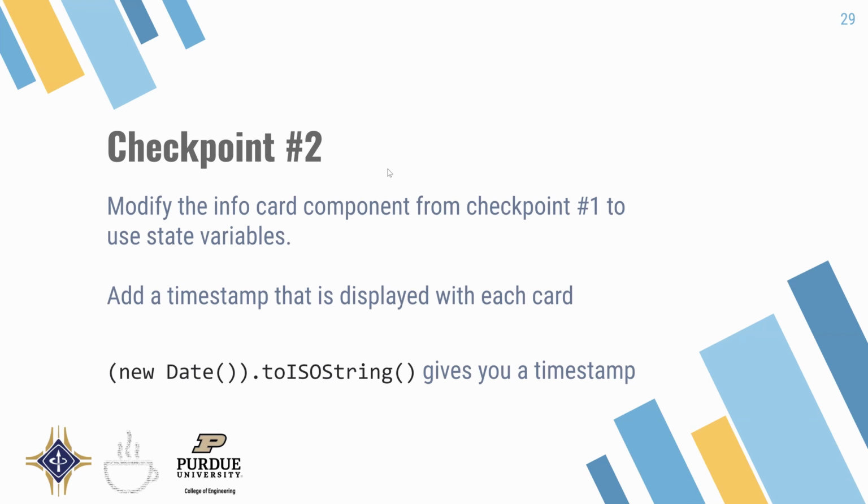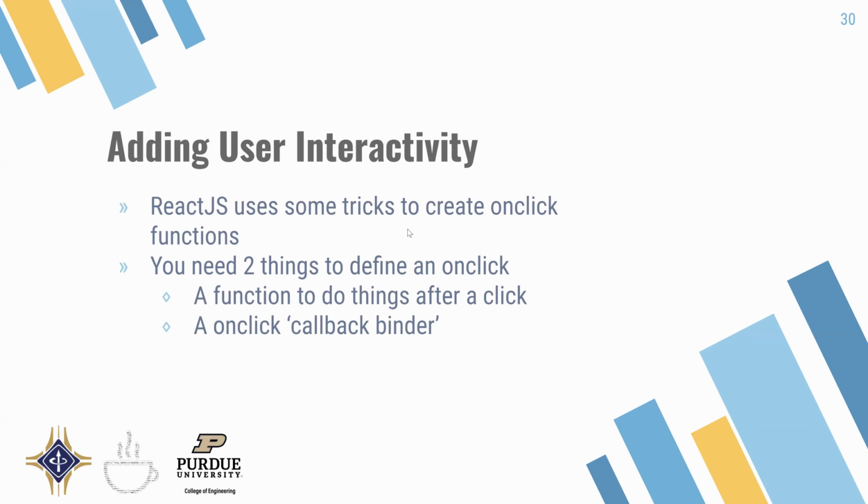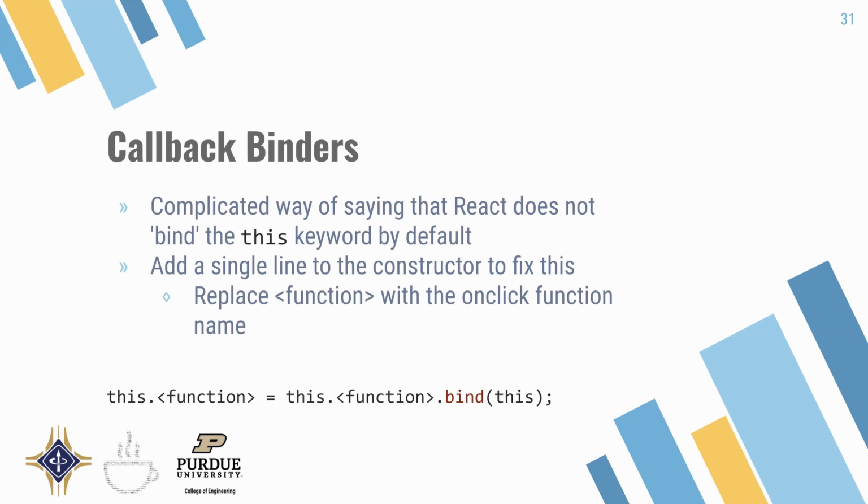So we're moving on to the next part, which is adding user interactivity. Let's see how we can use ReactJS to change what's displayed through the efforts of the user. The thing we're going to be looking at right now is an on-click function. One of the more important things for making sure an on-click works is a callback binder.